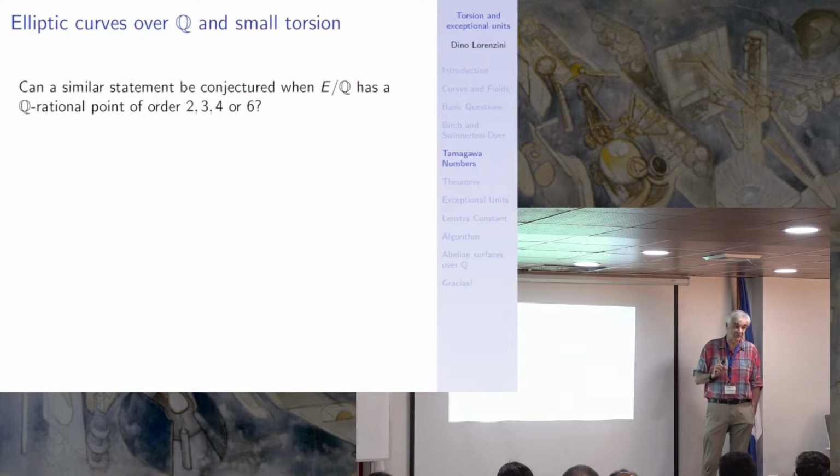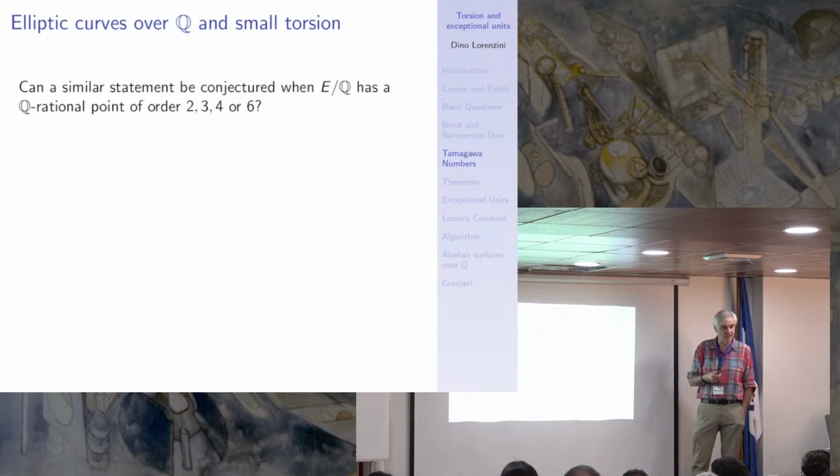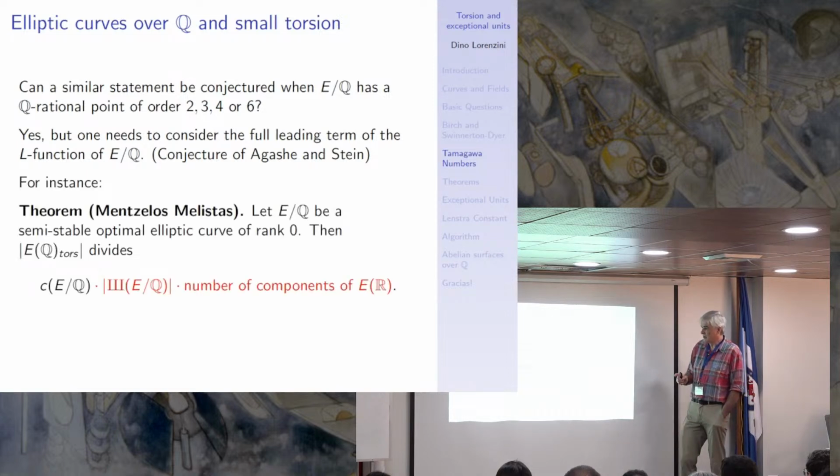What about if you had small torsion? Maybe if you had a torsion point of order 2, 3, 4, or 6, could you still find the divisibility? The answer is yes, there are some conjectures of Agashe and Stein, but you need to consider the full leading term in the Birch and Swinnerton-Dyer conjecture. Let me give you one example, due to Mencelos Melistas.